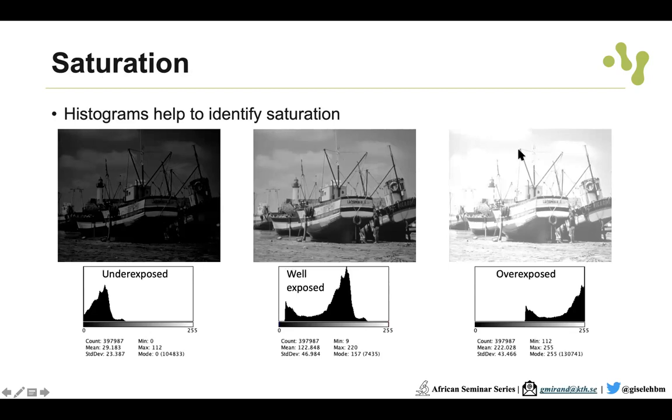Here we have an underexposed histogram, which leads to a very dark image, and here an overexposed histogram of very bright regions. And this is also not good because we lose information about the contour of the objects of the image, even some details about the background. So the ideal situation is when you have a well-exposed histogram, avoiding saturation both in the minimum values and maximum values.